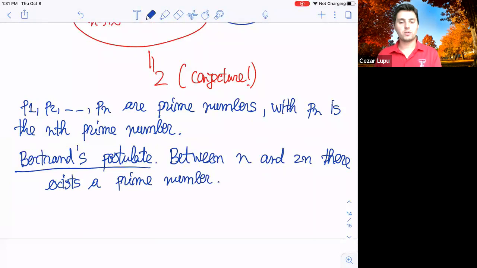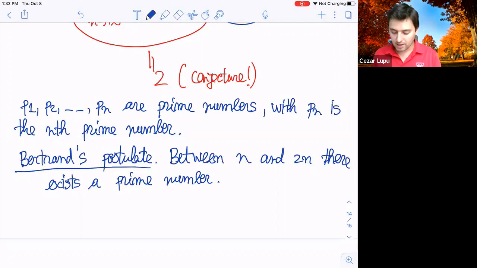For example, take n equals 2, between 2 and 4, you find 3. Let's say n equals 4, between 4 and 8, there is 5, for example. There are actually 2 of them. So between any n and 2n, let's say between 100 and 200, you will find at least one prime number. There are actually more than one, but at least one.